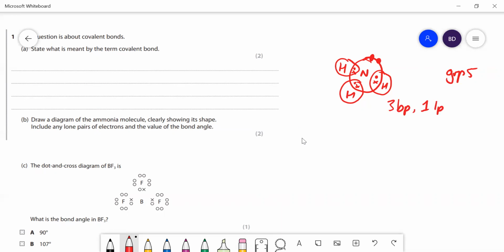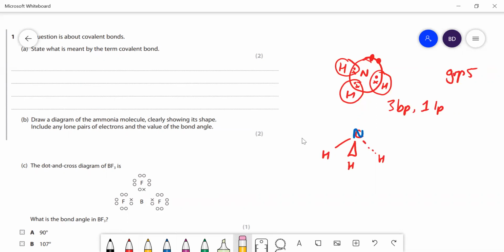Now we have to think about the shape of that. Now when you have 4 bonding pairs, such as in methane, you are going to get a tetrahedral molecule like this. But of course this isn't carbon, it's nitrogen, so we haven't got a bonding pair up here.